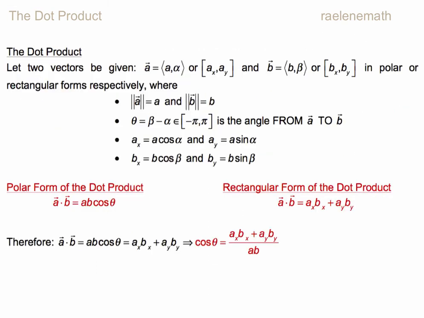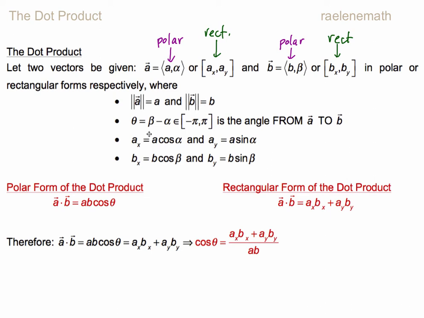Now to summarize, we have two vectors that could be either given in polar form or in rectangular form. And when we are looking for the dot product, we can either look for it in the polar or the rectangular form. A few notation things to recall: this notation with the double bars, the double modulus of a vector, is the magnitude, and we sometimes write it just with a and no vector bar over top.